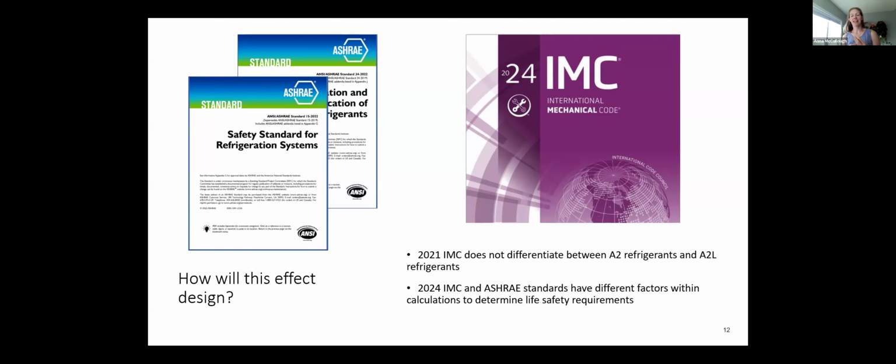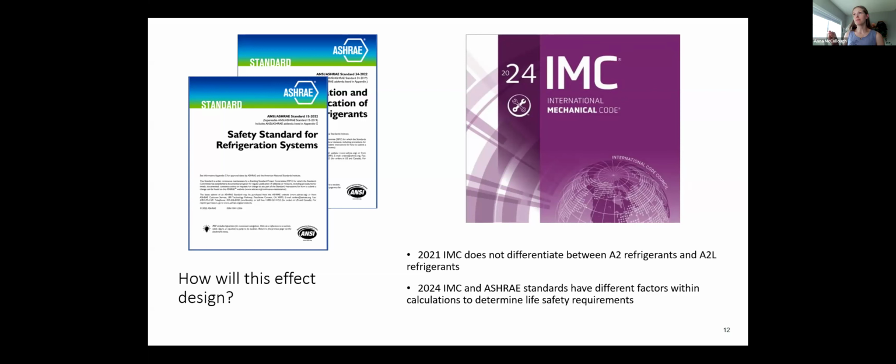They do classify A2L refrigerants differently than A2. And the calculations that the designers will use for the maximum, well, we'll get into it a little bit more, but some of the factors within these calculations that are in ASHRAE and the IMC differ slightly.